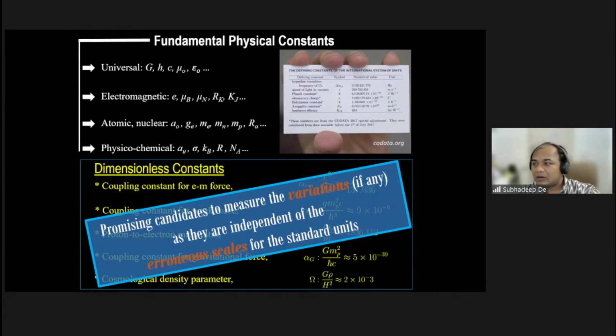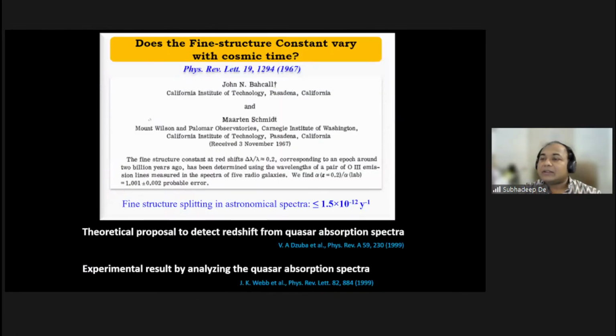Today I will take the example of the fine structure constant, and it has been explored quite a bit so far to measure whether that fine structure constant is really a constant or has changed over time or not.